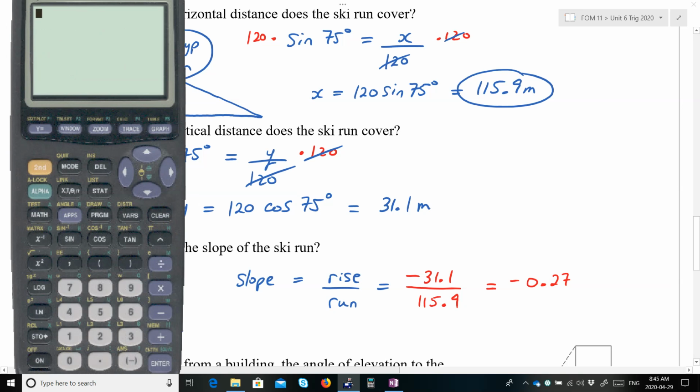Okay, just to see maybe how they're getting the 0.28, the exact value of the 31.1 is the 120 cos 75, and we're dividing that by the 115.9, which came from 120 sine 75.